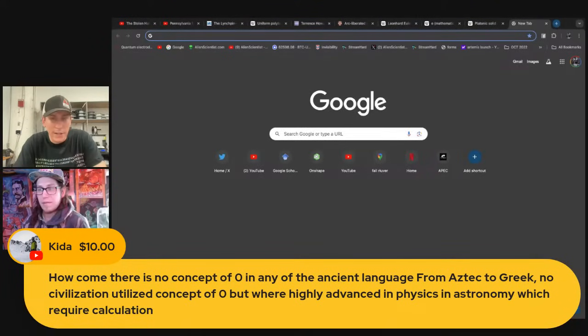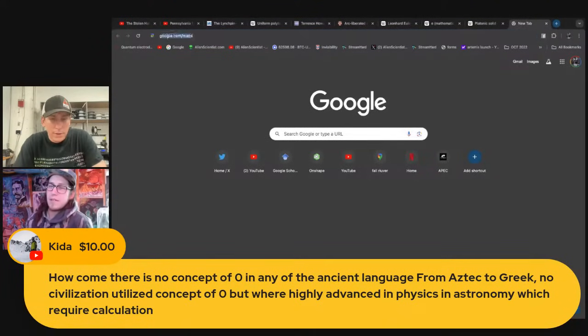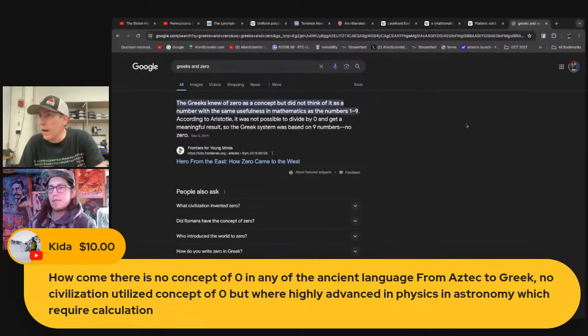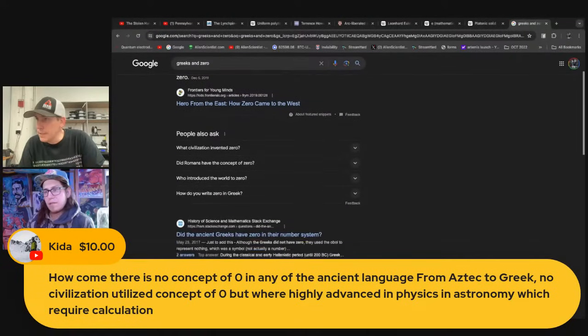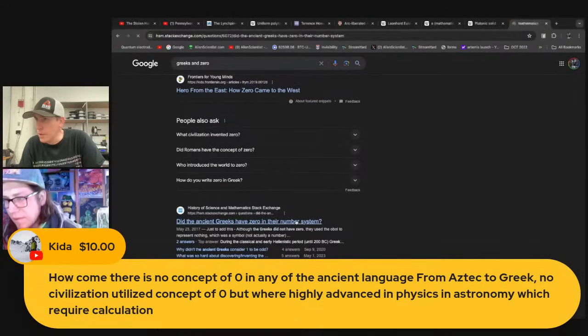So Aztec to Greek. So Greek and zero. They knew it as a concept, but didn't think of it as a number. Right, so you couldn't divide by zero. They knew that. And they used the oval to represent nothing.